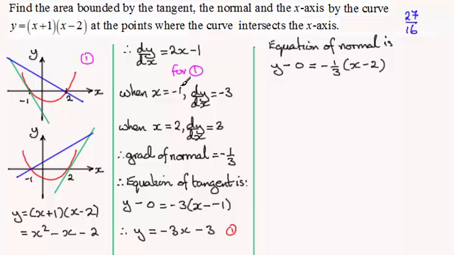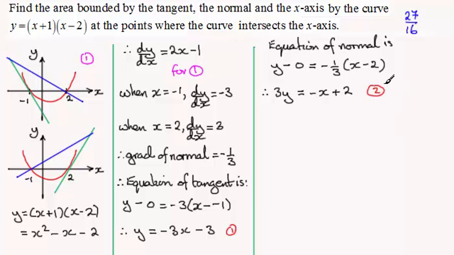And what I'd want to do now is remove this 3 here, multiply both sides by 3. So therefore I get 3y equals, multiplying this by 3 just leaves me with minus 1 times x minus 2. So expanding that, I'm going to get minus x, and then minus 1 times minus 2 is plus 2. And I'll call this equation 2.